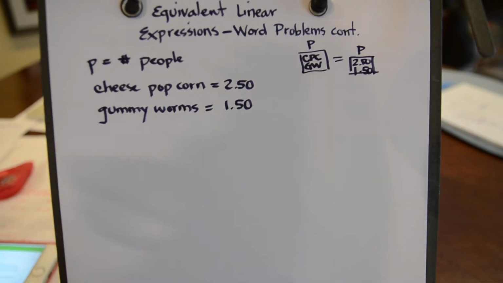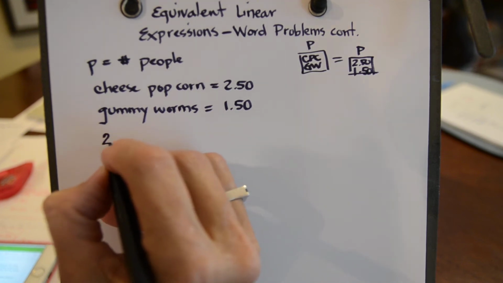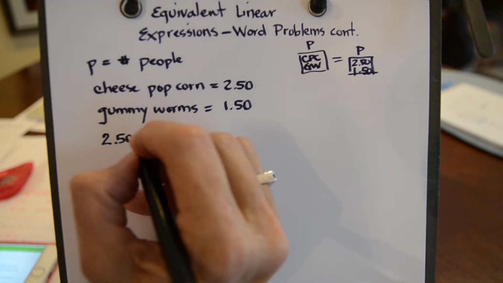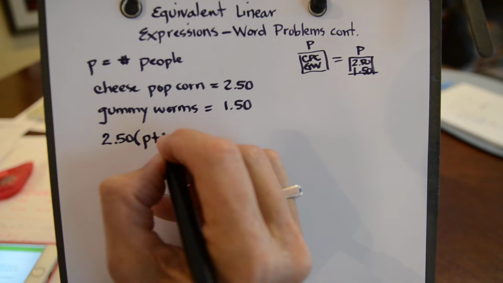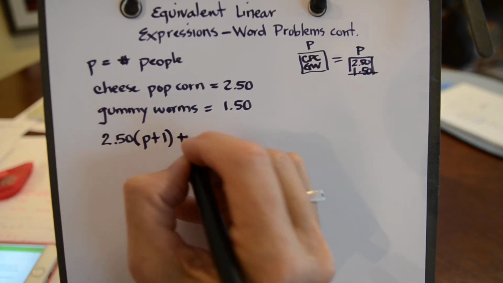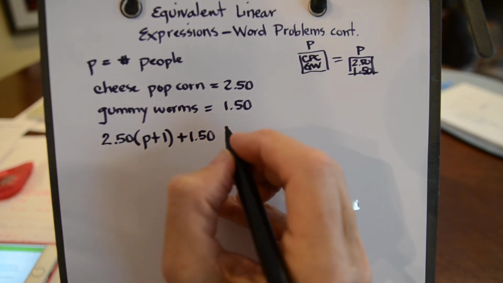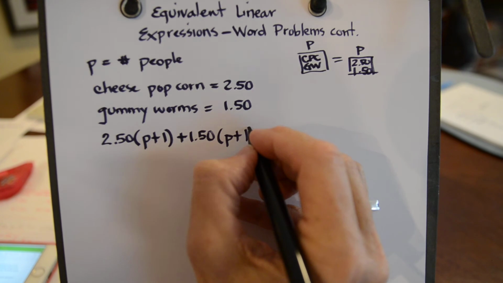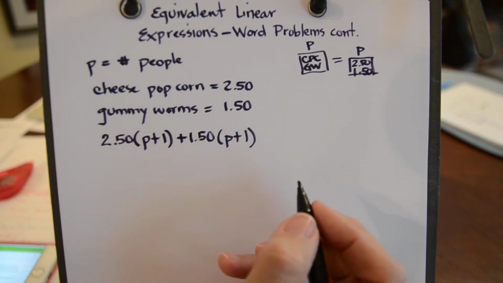So let's go into the choices they've given us. They gave us an expression: 2.50 times (P plus 1), plus 1.50 times (P plus 1). Let's go ahead and simplify this.